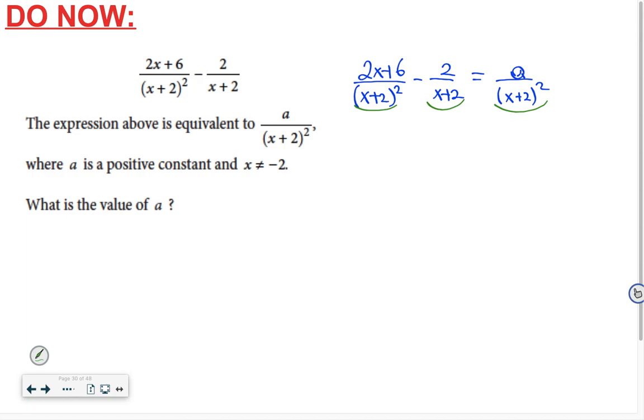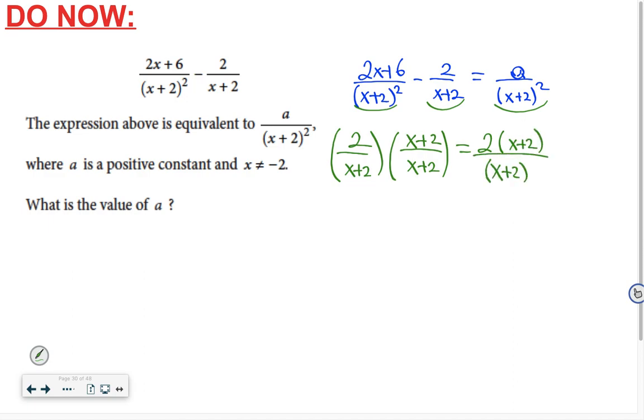Because to be able to add or subtract rational expressions, you need to make the denominators equal. So for 2/(x + 2), if I multiply it by (x + 2), you can make the denominators equal to each other: (2x + 2)/(x + 2)².